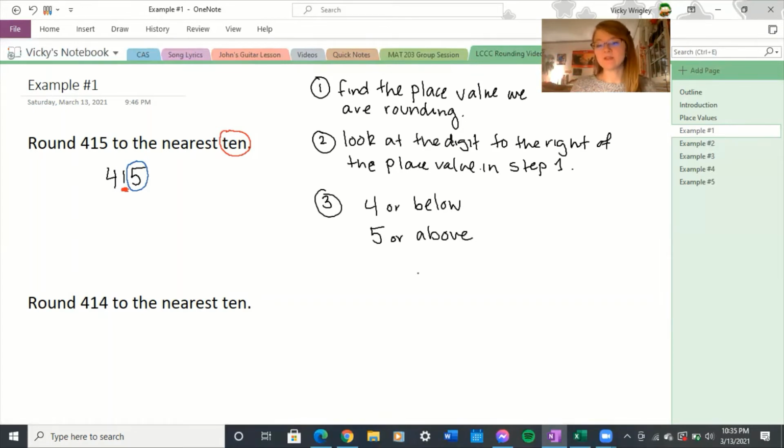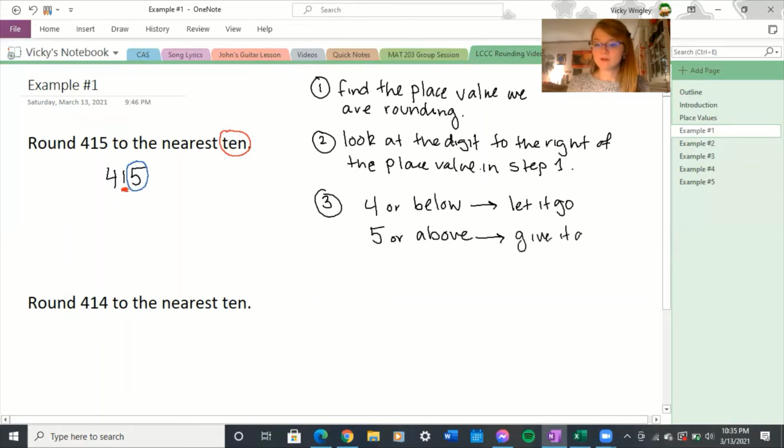Is it 5, 6, 7, 8, 9? If it's 4 or below, you let it go, which means we're not going to change our underlying digit. If it's 5 or above, we give it a shove. It's 4 below, let it go. 5 above, give it a shove.